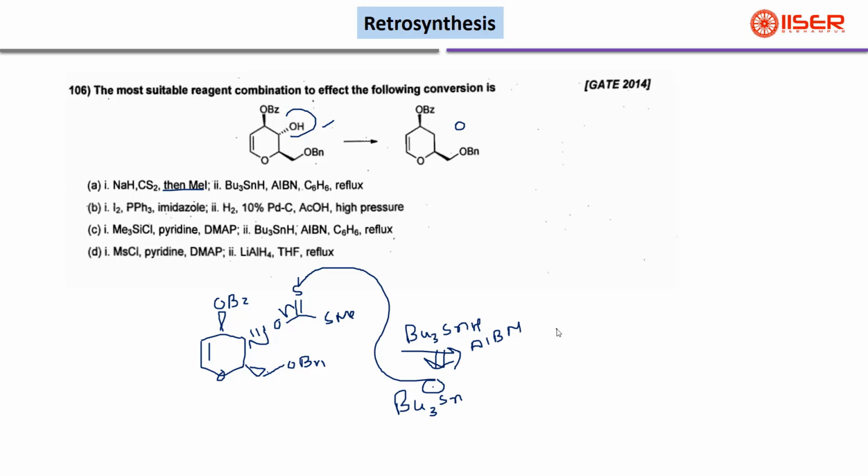After that, I forgot the name of the reaction, but this is a name reaction. I think I have already talked about this reaction. Just to eliminate an OH group without regenerating any other functional group: if you perform elimination or anything, it will generate a double bond.